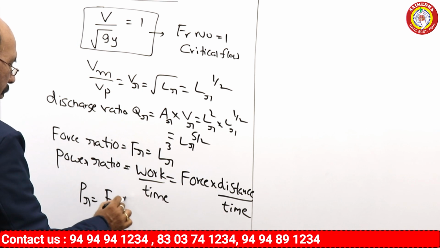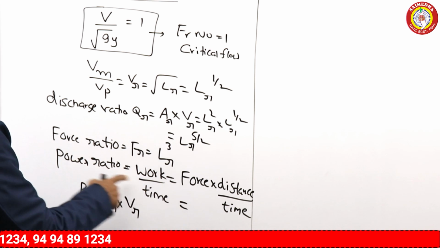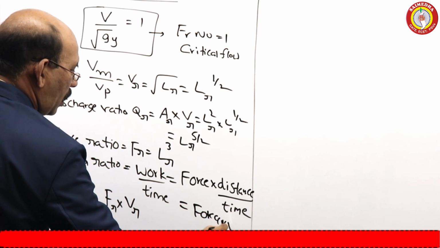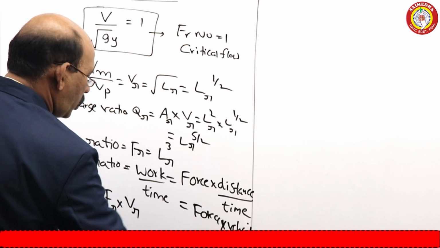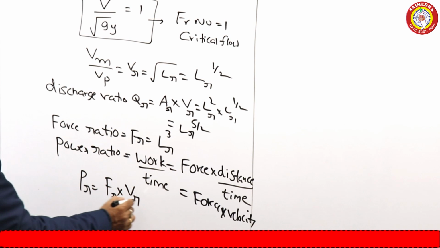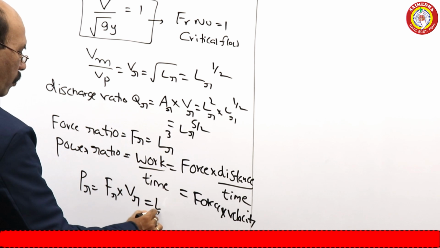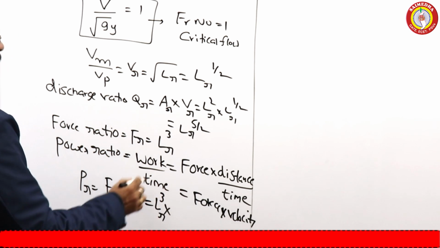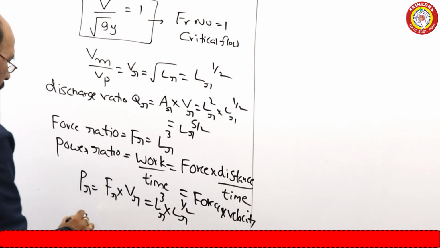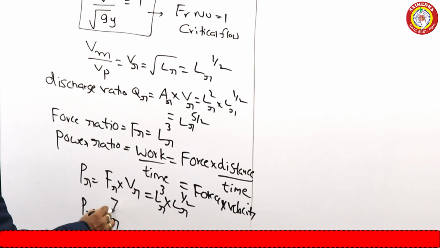So we can express power as force into velocity, and accordingly the power ratio is equal to force ratio into velocity ratio. The force ratio Fr is equal to Lr cube, and Vr is equal to Lr to the power of half, so the power ratio Pr is equal to Lr to the power of 7 by 2.